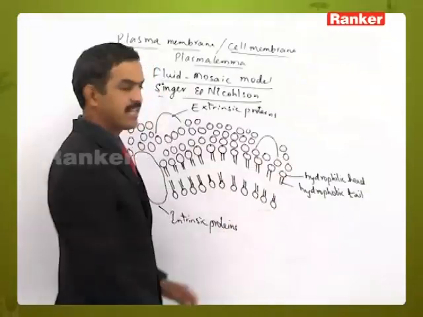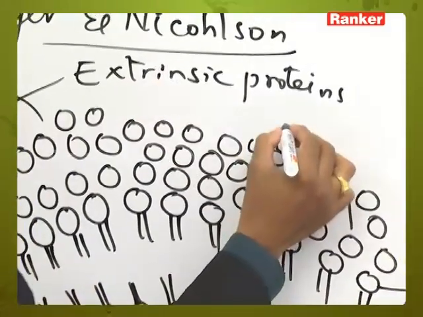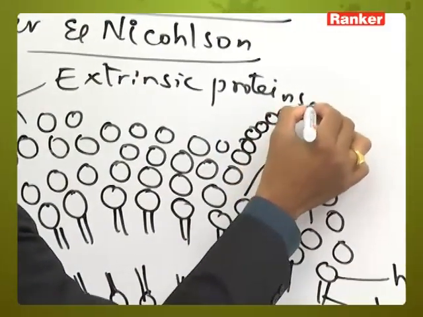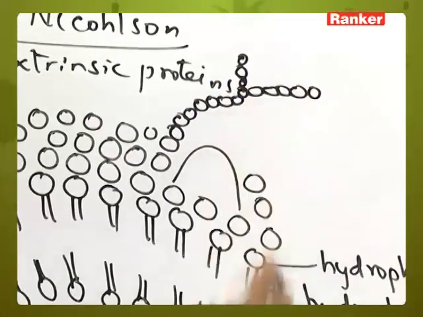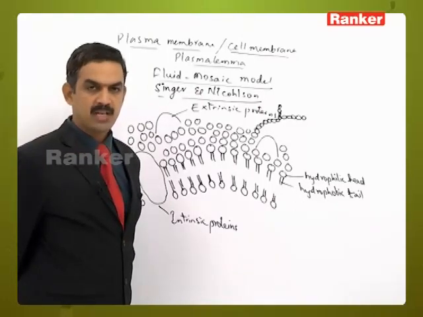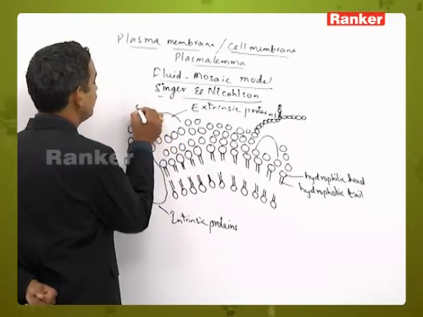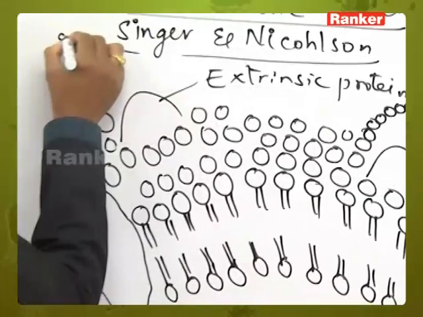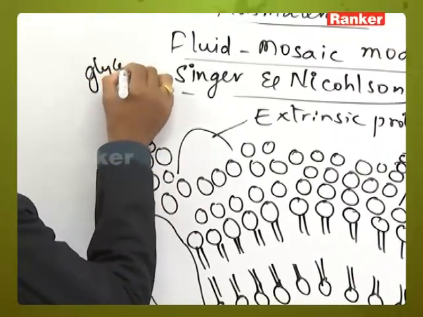Apart from this, here and there we can also see some carbohydrates in the form of oligosaccharides. These oligosaccharides may be either branched or unbranched structures, which are nothing but carbohydrates, and sometimes glycoproteins and glycolipids can also be seen here and there, which are small carbohydrate molecules.